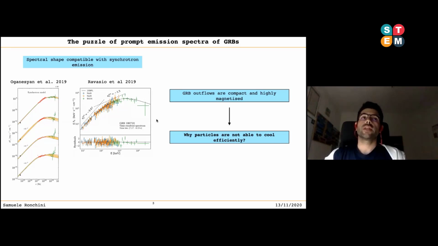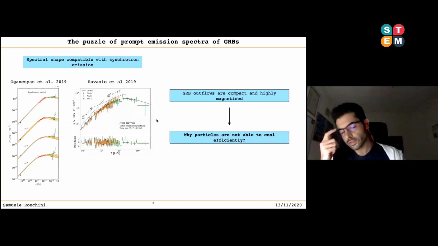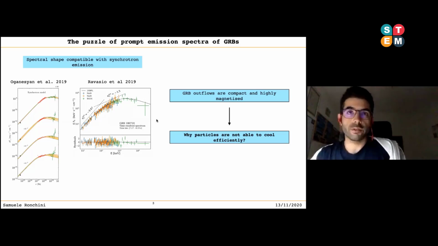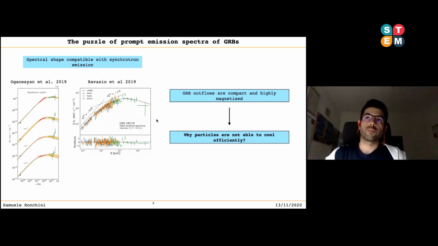The problem is that the same studies demonstrated that the particles responsible for the emission are not able to cool efficiently. This is a controversial problem because we expect gamma ray bursts to have a compact, highly magnetized environment, so we expect the cooling timescales of particles to be extremely small.